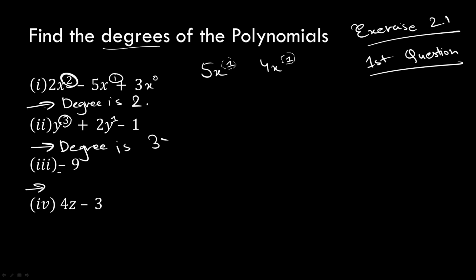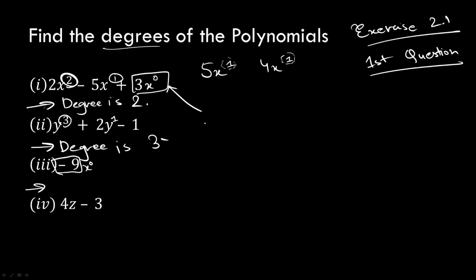Now we are given minus 9. We don't see any variable, but we can imagine a variable here. Let us imagine that there is x, so it is x to the power 0.